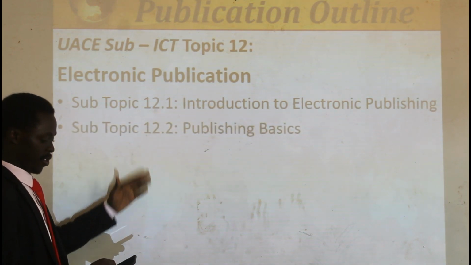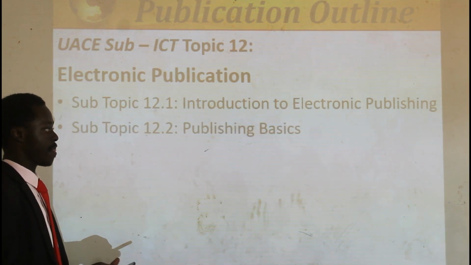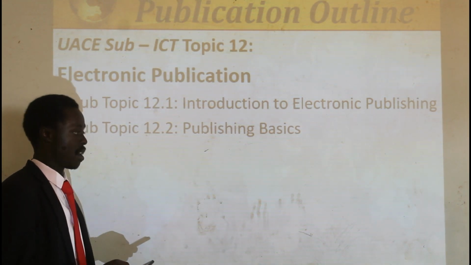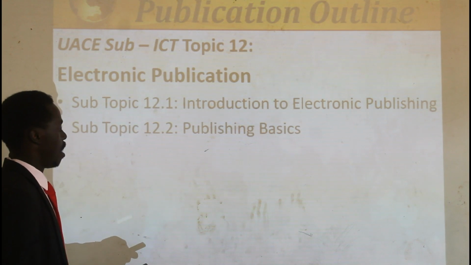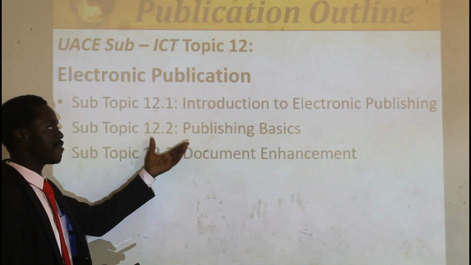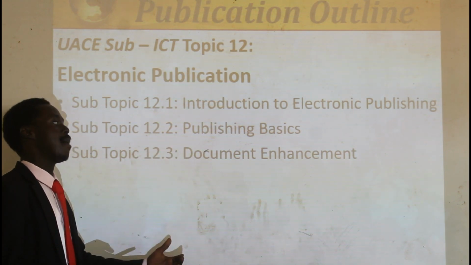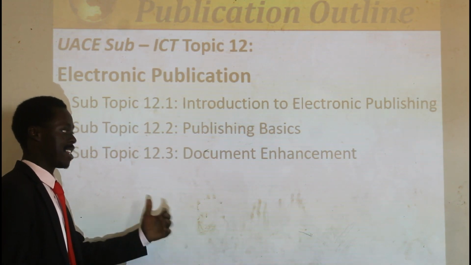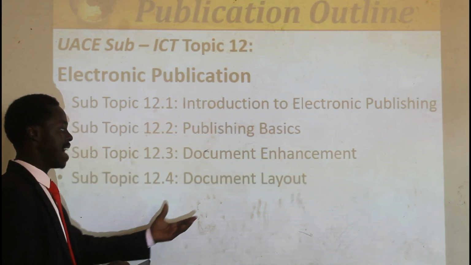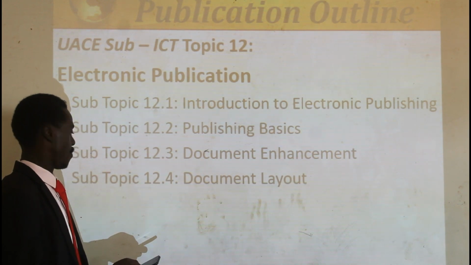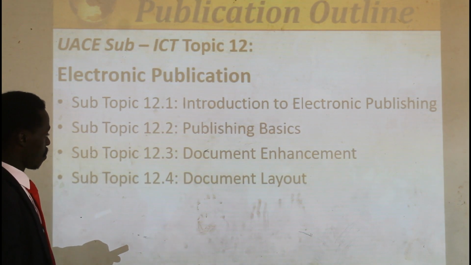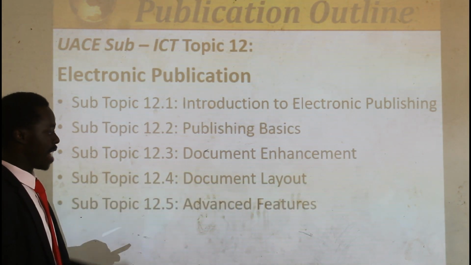And this is having skills that are very pertinent for you to get started with print publications. The third subtopic is called Document Enhancement. Having received basics to create some print publications, we shall now have a separate lesson where we enhance our publications. The third is document layout, and the fifth is called advanced features.